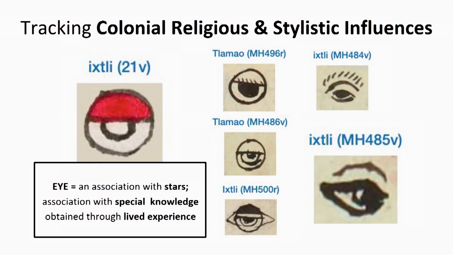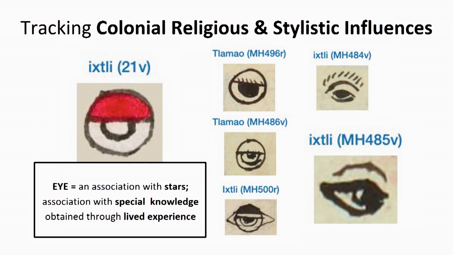And the final slide here, the eye was a human eye, but also it was equated with the stars in the night sky, like eyes were looking down on you at night. When you looked up, eyes were looking back. It's kind of a beautiful thing to think about. But also there was this figure called the Tlamau, a person who had special knowledge gained through experience, kind of a wise person is what that Tlamau meant.